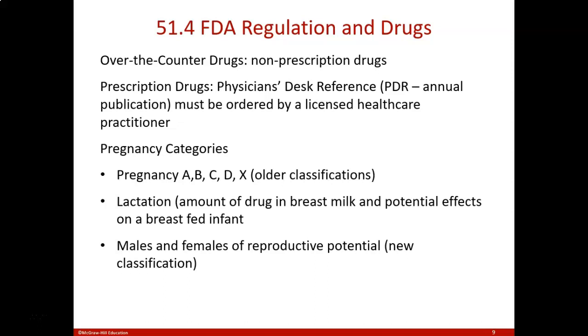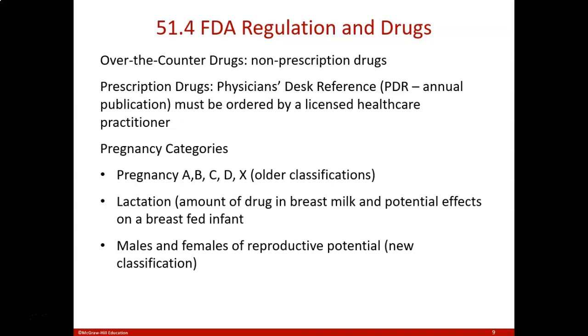Okay, A and B being safe, or as safe as they could say. C is sort of an in-between stage where you'd have to weigh pros versus cons. A lot of the studies have been done on animals and not humans, and so that's why it's not an exact correlation as far as what the side effects will be. But if something causes damage or problem in an animal, then there's a likelihood that it's going to cause a problem with a human. And so a lot of this came from animal studies.